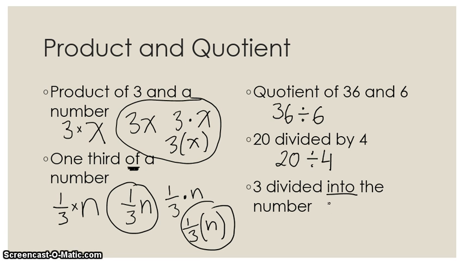That's going to make a little bit of a difference. So if I have 3 divided into the number, well, I'm dividing 3 into the number. You see how I kind of did it backwards? So I'm dividing 3 into the number, not 3 by the number. Okay? You see the difference? So if it's into the number, you write your numbers backwards from what they appear in the sentence.